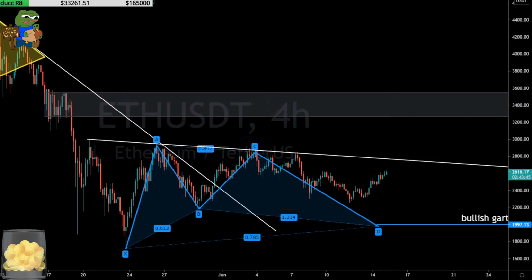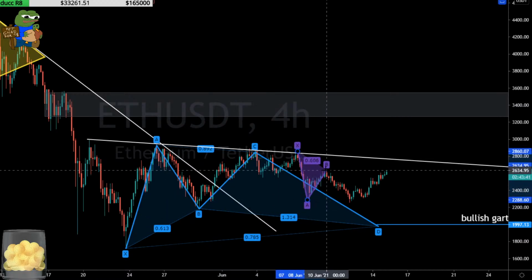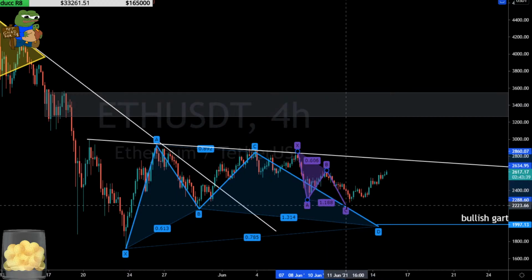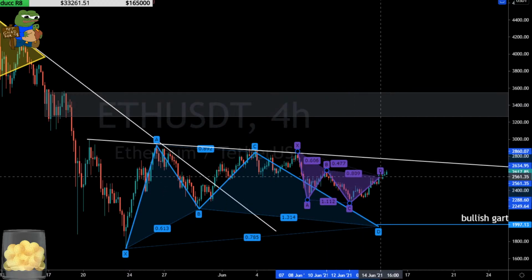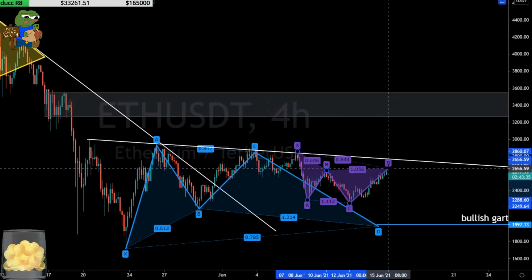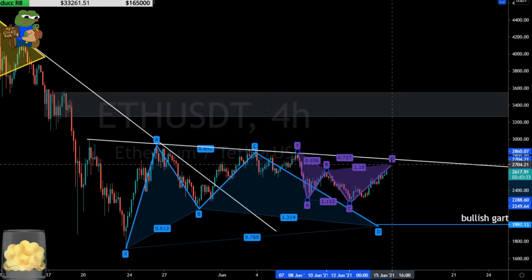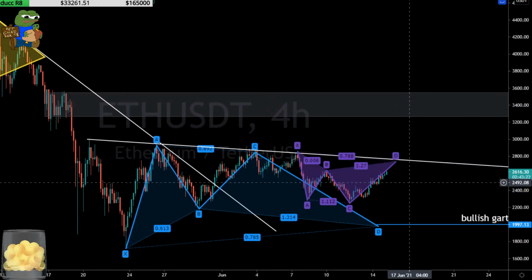Maybe we have a little cipher here. 786. Let's see. 786. Ooh. Approaching Cipher Town. The 786 is basically right at this downsloping trend line. Boom, right there.